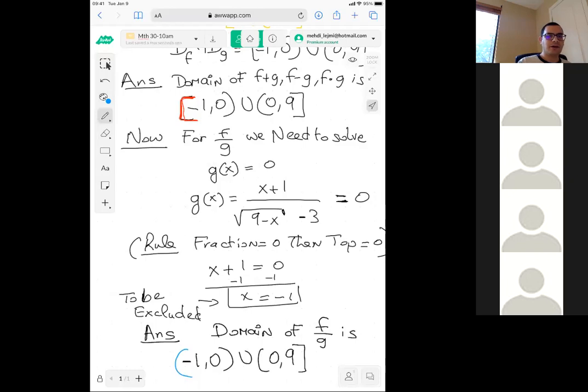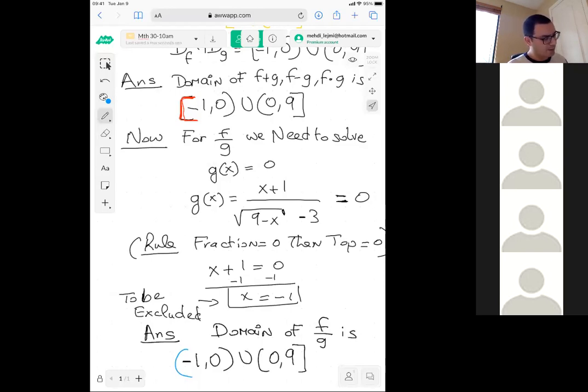Okay, guys, is there any question? Any remark? Any observation? Nope. Okay, that's good. So we are done with the operations on functions. Now we're going to move to a different subject: the composition of functions.